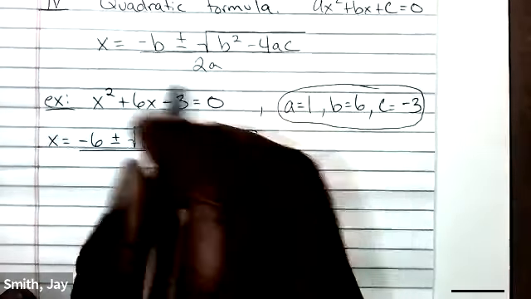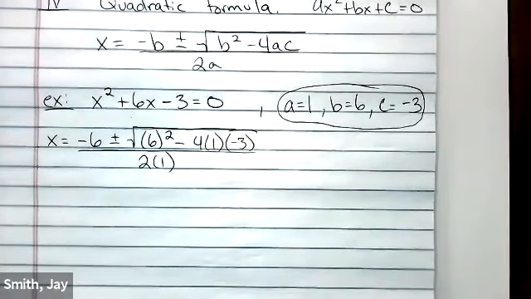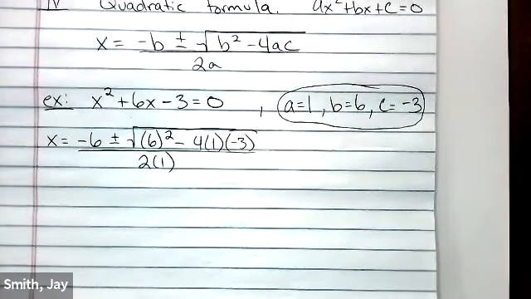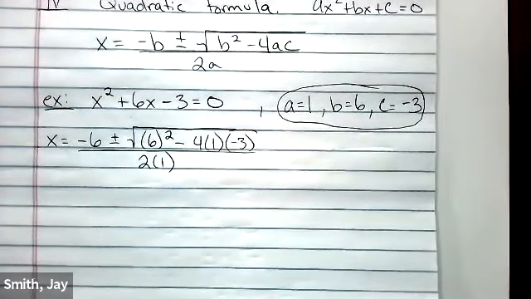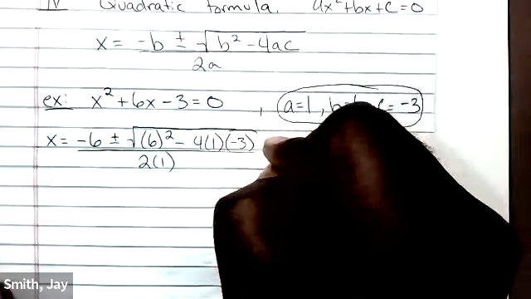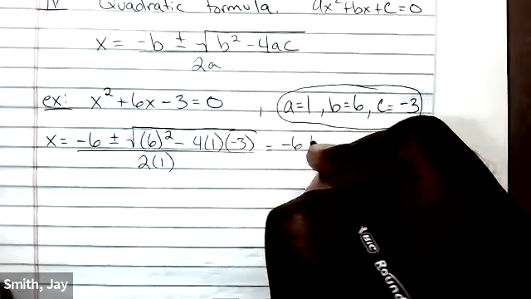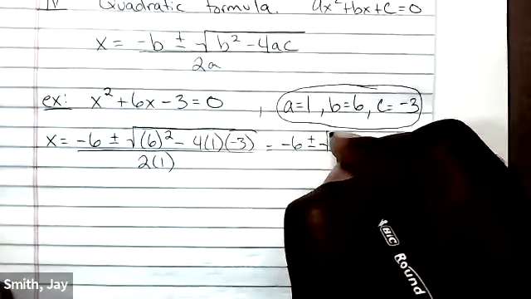This is all being divided by 2 times a, which we know is 1. All right, so this is going to give me negative 6 plus and minus the square root.